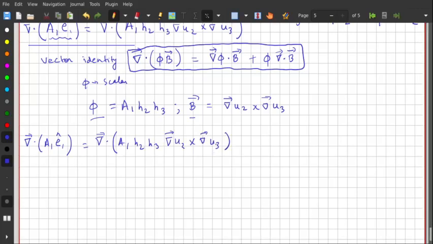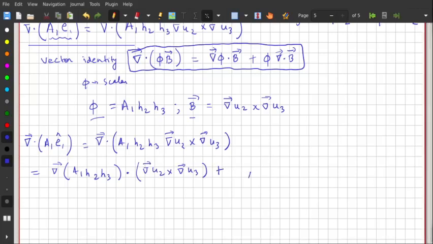That's what we had before, and now using the rule of this vector identity, recognizing appropriately what is phi and what is b, we can expand this as the grad of A1 H2 H3 dot product with grad U2 cross grad U3 plus A1 H2 H3, the divergence of this vector, grad U2 cross grad U3.